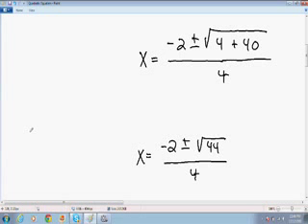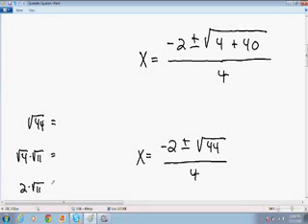Now the square root can be simplified even more, because the square root of 44 can also be written as the square root of 4 times the square root of 11, because 4 times 11 is equal to 44. The square root of 4 is a perfect square, so we can rewrite that as 2. The square root of 11 cannot be simplified anymore, so that stays the same.